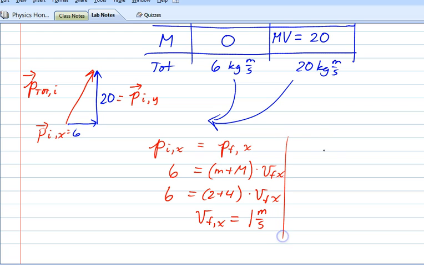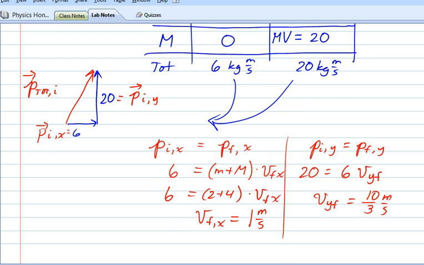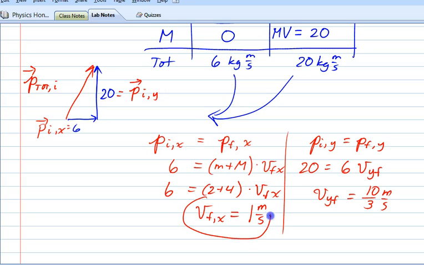Likewise, we can say that momentum initial in the y direction is equal to momentum final in the y direction, so 20 is equal to 6 vy final. And it turns out that vy final is going to be 20 over 6, or 10 thirds, meters per second.